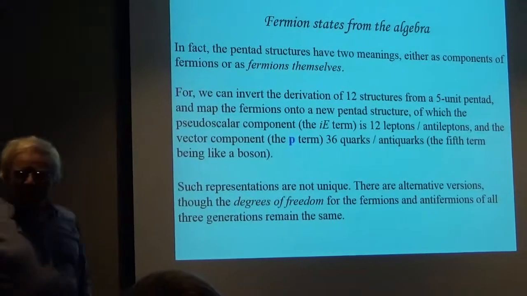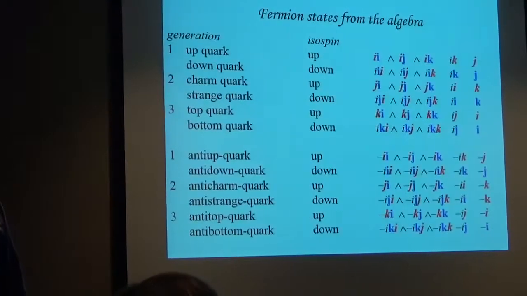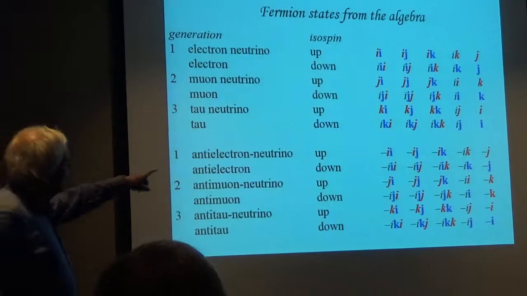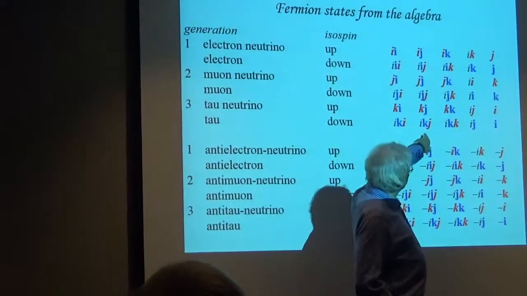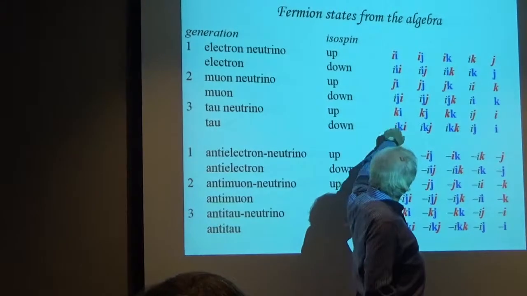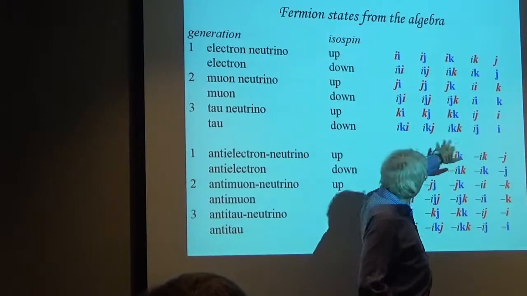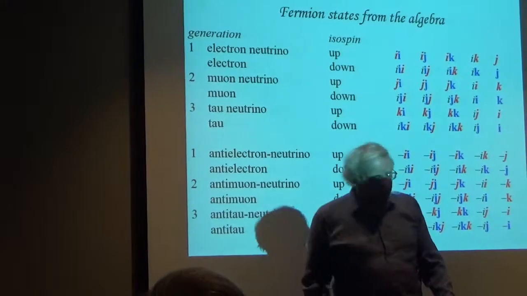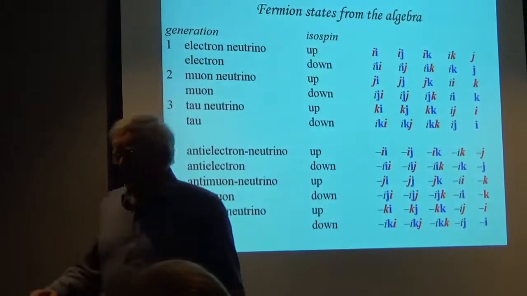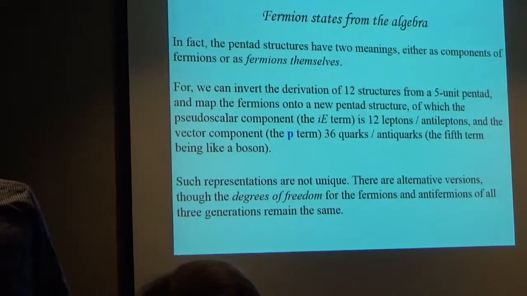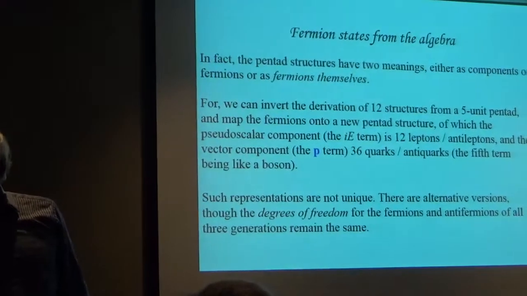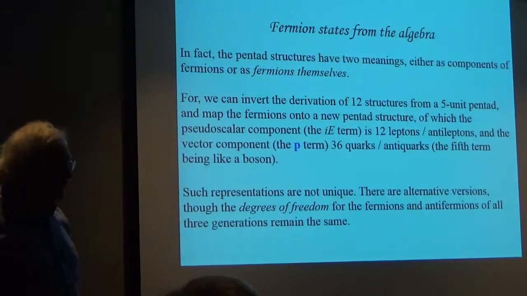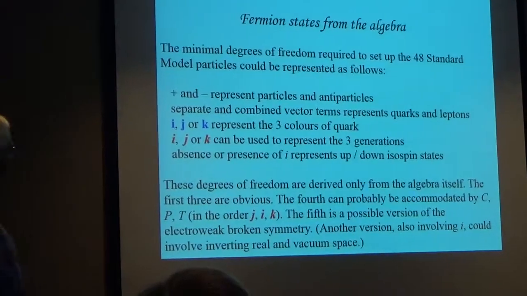So if I go back to these, they no longer represent one particle. Each of these is a particle. If I do it differently, you can see that will give me certain degrees of freedom, and I'll explain what they are.